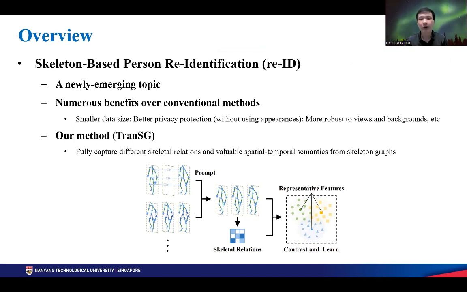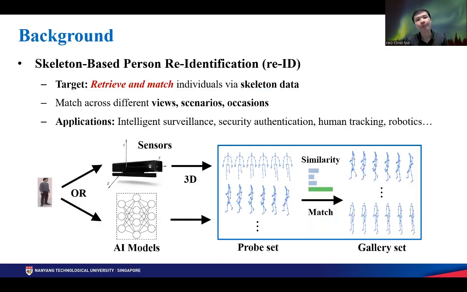However, they typically cannot concurrently model different body component relations and rarely explore useful semantics from fine-grained representations of body joints. In this paper, we propose a generic transformer-based skeleton graph prototype contrastive learning with structure trajectory prompted reconstruction to fully capture skeletal relations and variable spatial-temporal semantics from skeleton graphs for person re-ID.